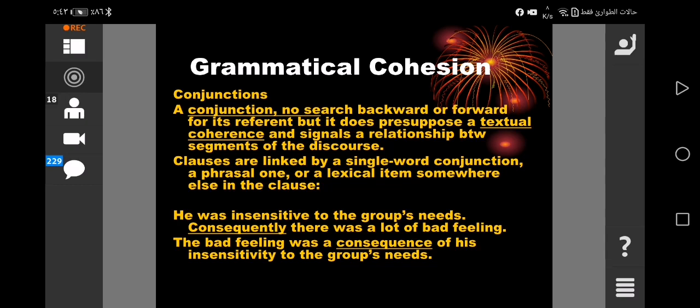You see, when we use conjunctions, we do not want to say that this conjunction expression refers to another word in the preceding or in the proceeding discourse. We don't mean that. But when we use a conjunction, it presupposes a textual coherence, that there are relationships between two elements across sentences.